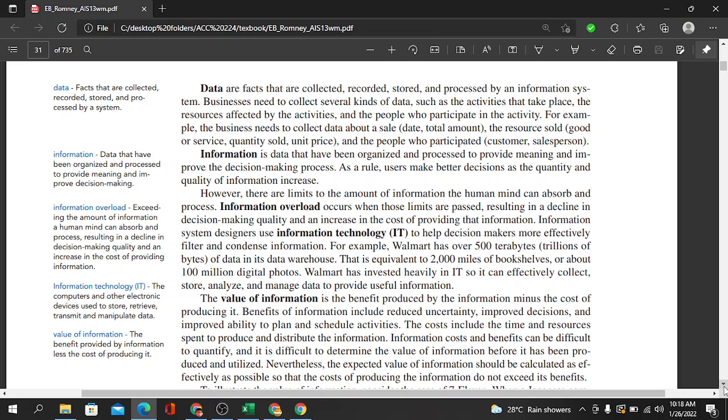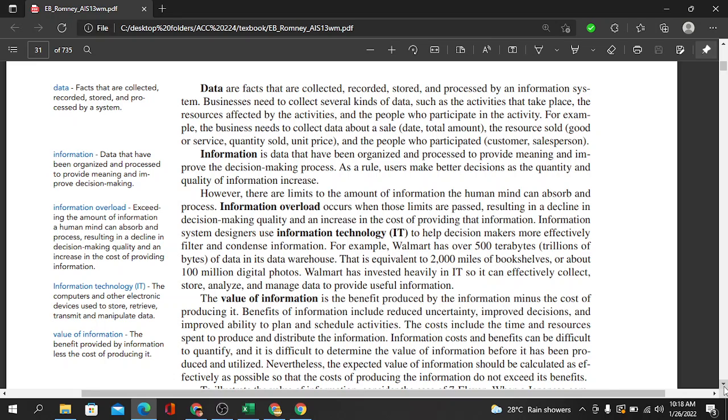As a student, when you encounter information and you Google something on the internet, are you comfortable with the information that you gathered from the internet or whatsoever?